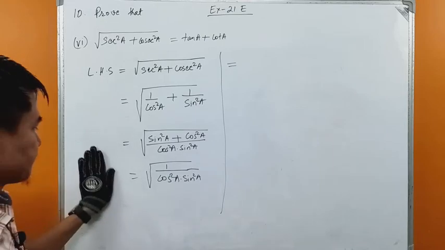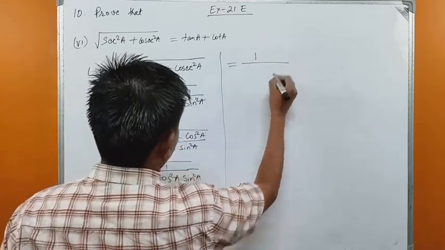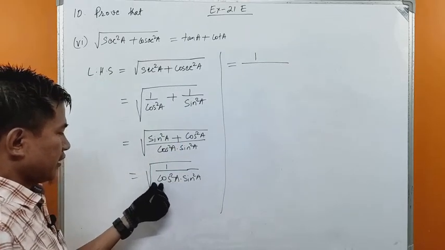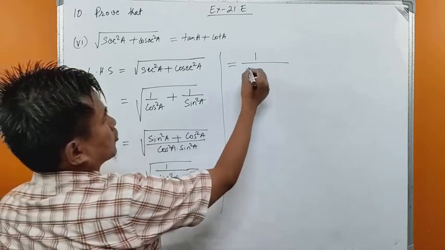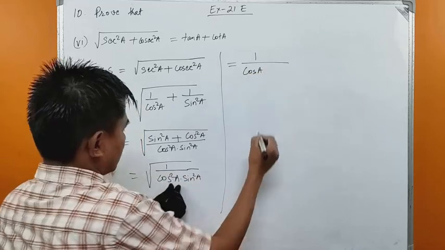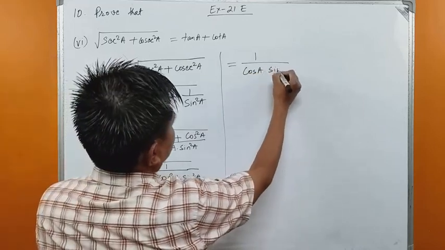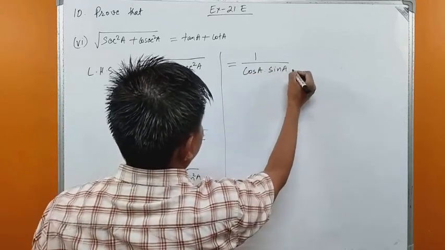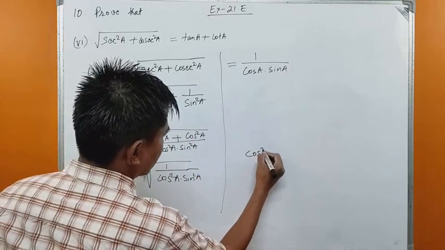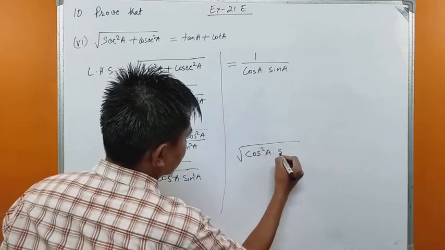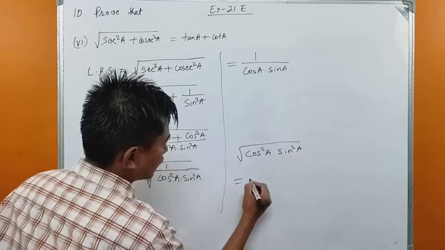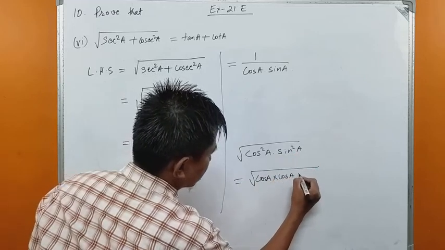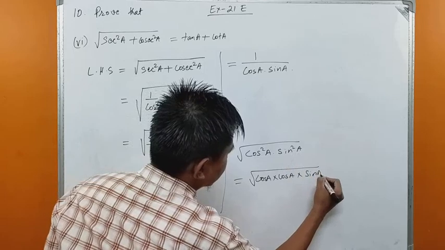So root under 1 is 1 upon, now we have cos square A, sin square A. When we remove the root, cos square A becomes cos A, isn't it? And sin square A becomes sin A. Root under cos square A sin square A becomes root under cos A into cos A into sin A into sin A, isn't it?